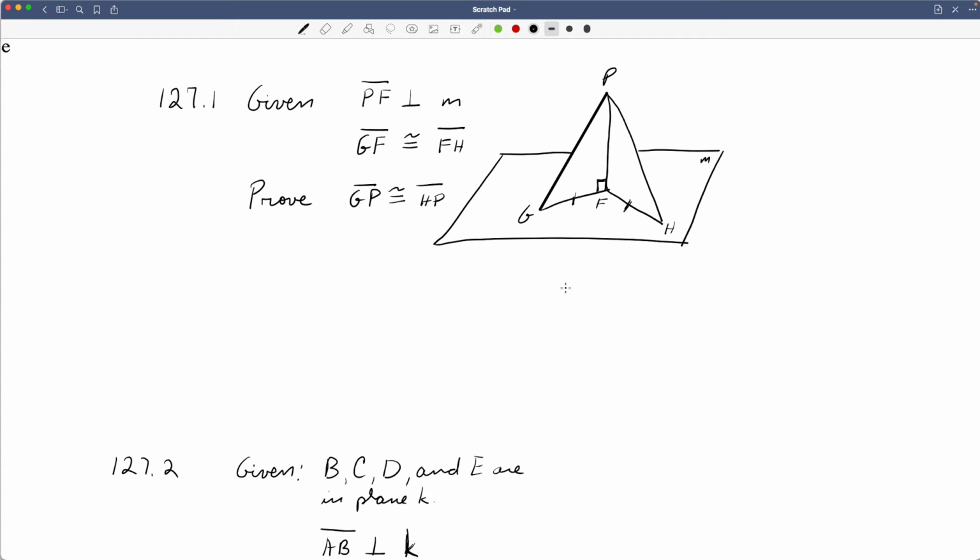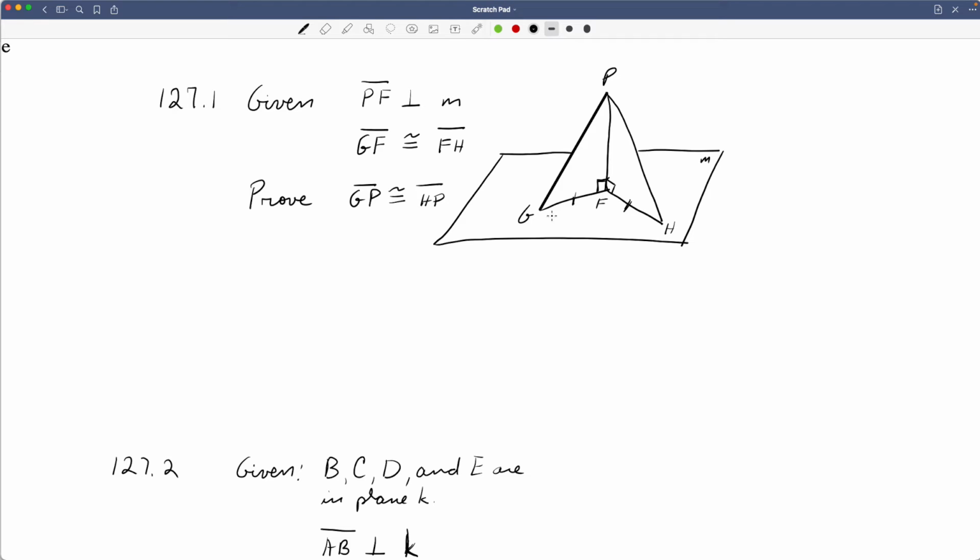So what we're going to do is we are going to do that through the property of looking at these as 2 right triangles, because if this is a right triangle, if this is perpendicular to M and GFH are a part of plane M, then these lines are perpendicular to PF also, because the plane is.